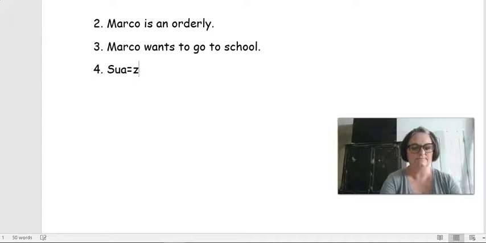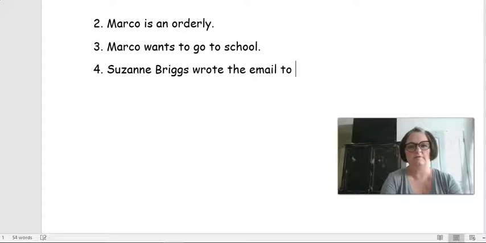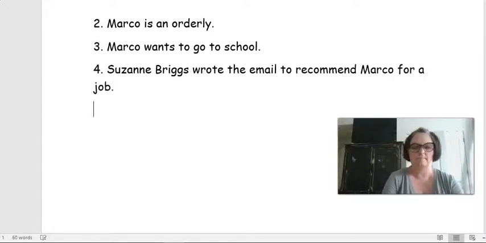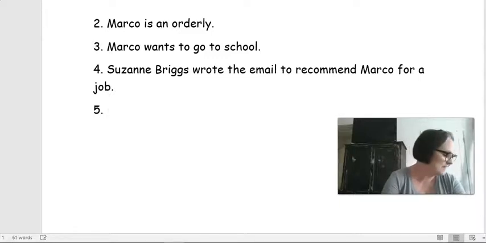Suzanne Briggs wrote the email to recommend Marco for a job, right? And then number 5 says, why did Suzanne write the email?